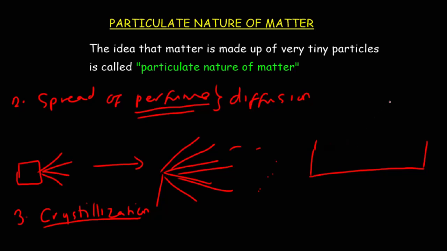Now, if we are able to add a substance to this seawater, which causes the salt in the water to be seen as solids on the surface of the water, we call it crystallization.